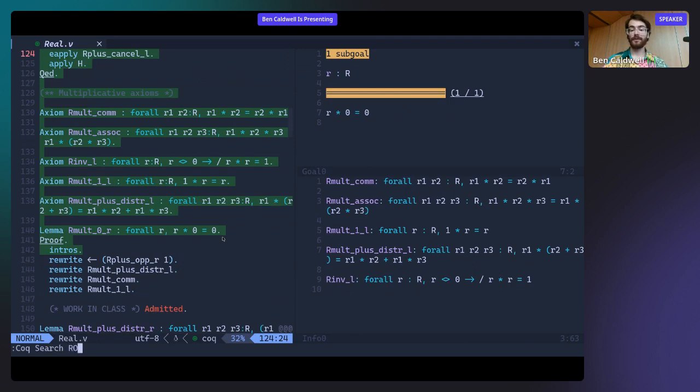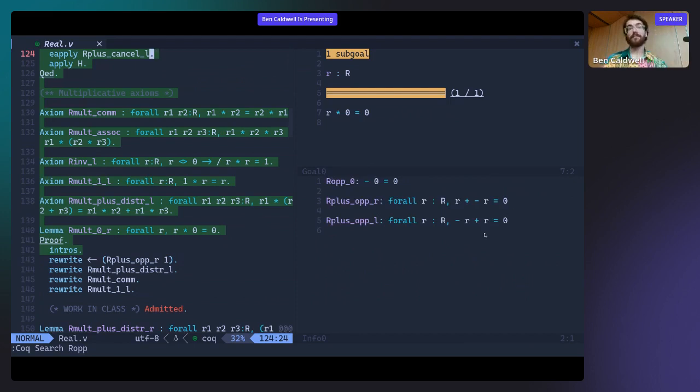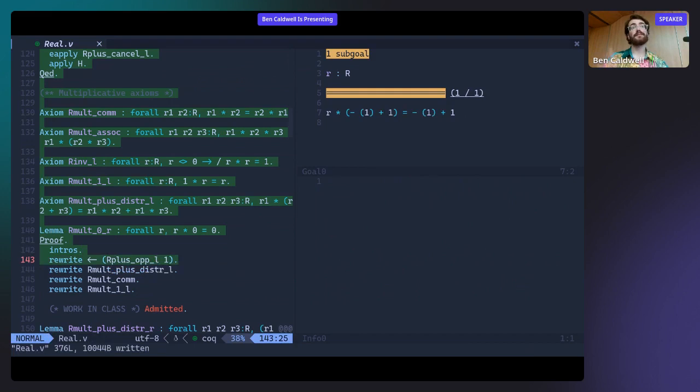Let's try searching for R. Use the other one, use the R plus L, left instead of right. Use left here instead. Yeah, but the problem here is, right, we've run into this issue where we have this negative, this opposite sign, and we have no sort of way to actually handle that.